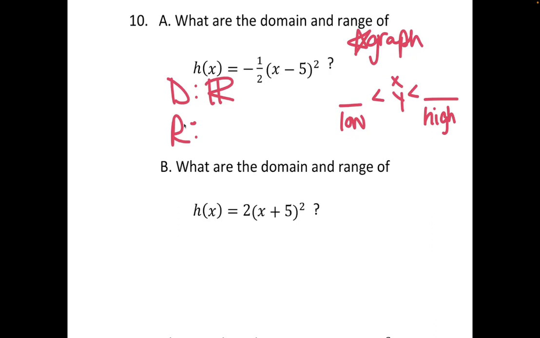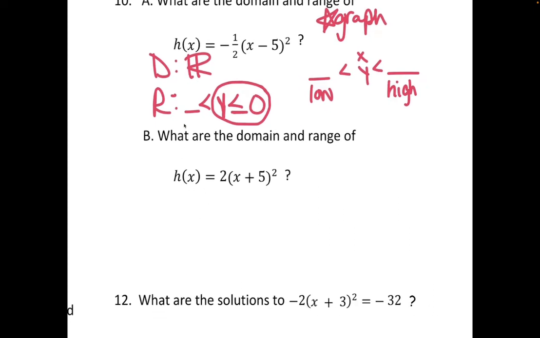We're looking at our y values. So since I don't have a low, I'm just going to leave that. We could write negative infinity there, but there's no purpose. So our range is just going to be y is less than or equal to 0. The same thing on B, right? We definitely want to graph that and follow that same pattern.